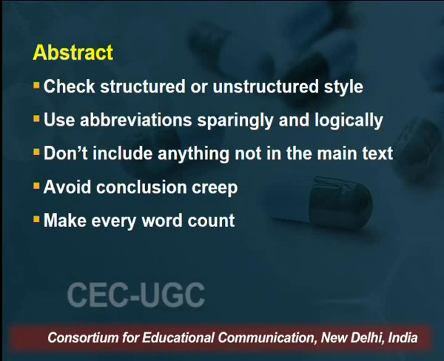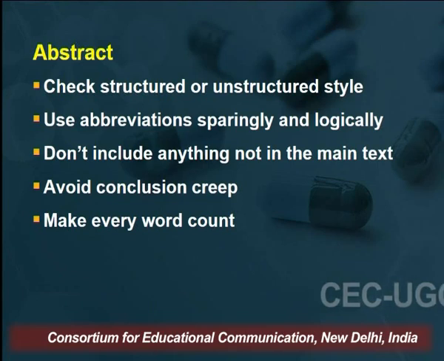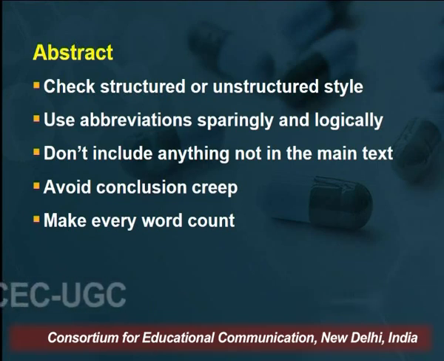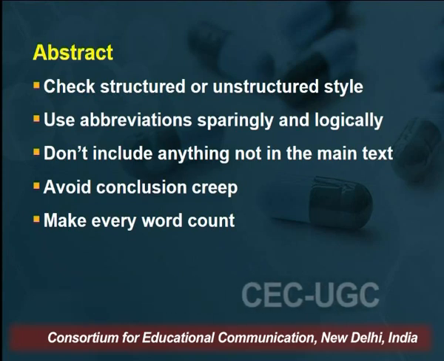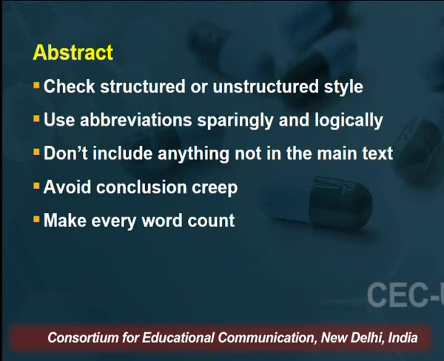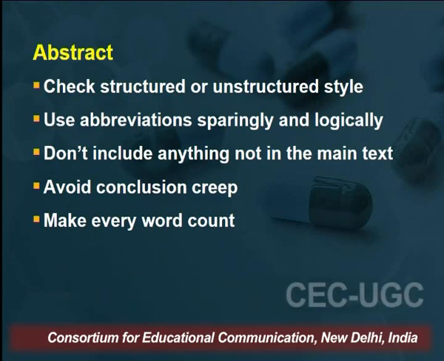So it is always preferable that you should not use abbreviations in the abstract. However, because of the word count, sometimes there is a requirement that you have to use abbreviations, but they should only be universally standard. For example, WHO, World Health Organization, is a universal standard abbreviation. If you want, then you can use it in your abstract.